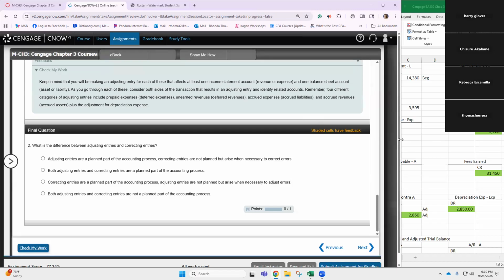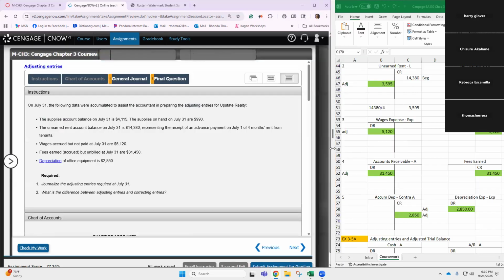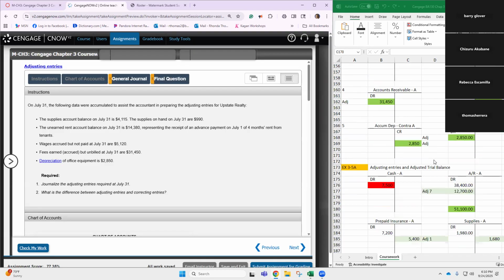Every time I hear the word adjust, I think we're fixing something. No, correcting means we're fixing something. So I think we got through this. Anybody have any questions over that? Okay, all right. So this next one, I went to a little more trouble than I have before, but that's okay.